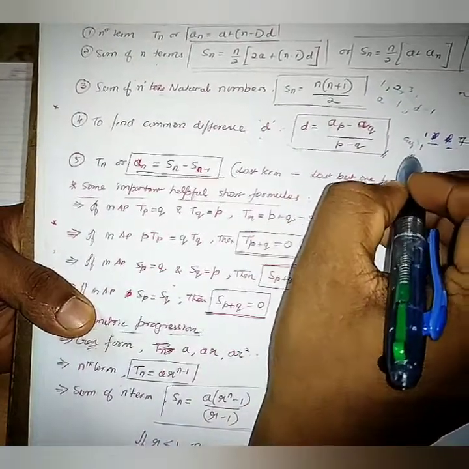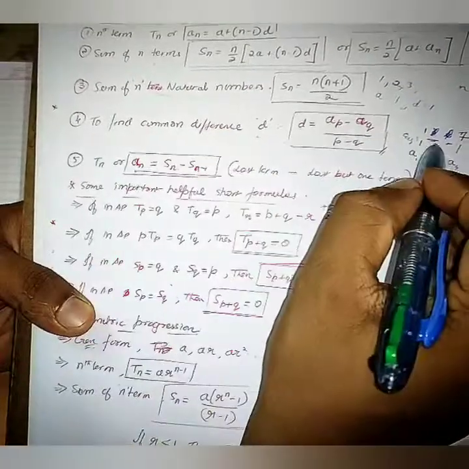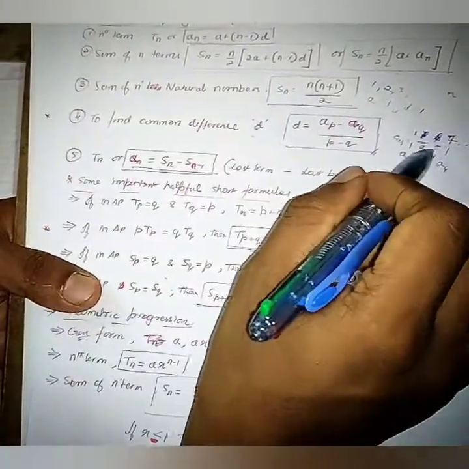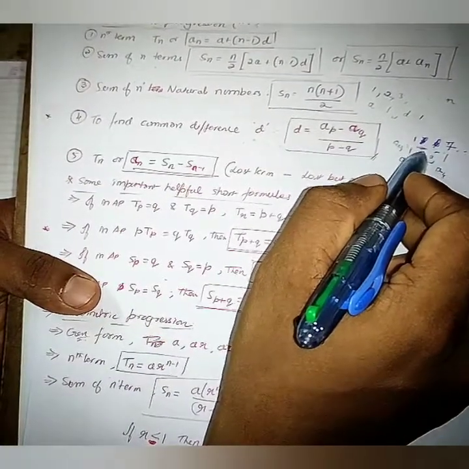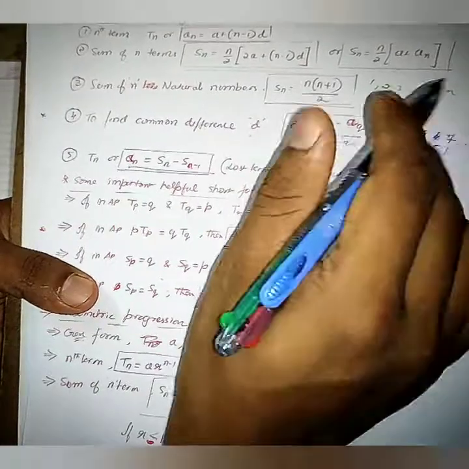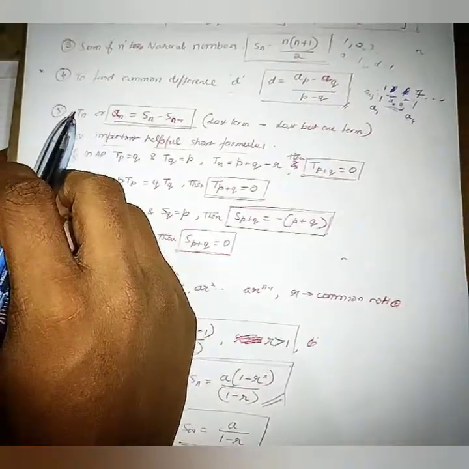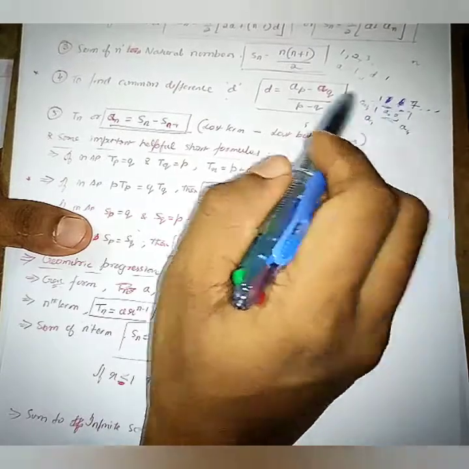So here I can see this is my A1 and this is my A4. The A2 and A3 are missing. So here how can I find out the common difference? There is obviously an easier, direct method, that is this minus this is equal to this minus this, and this is what you have done in your previous classes, that is first year of arithmetic progression. I can subtract these two terms and equate it and find the unknown terms.